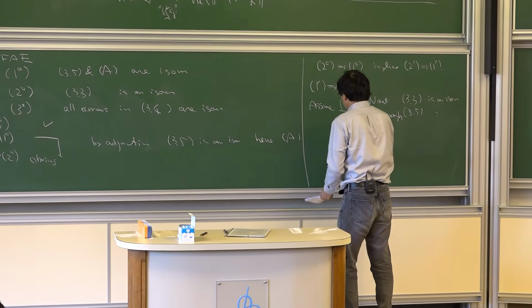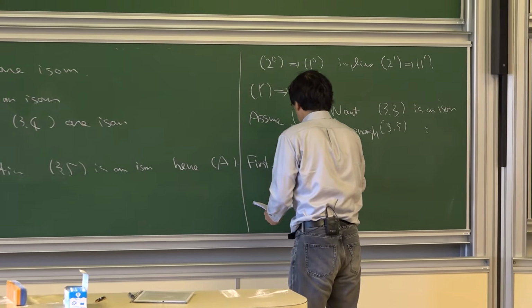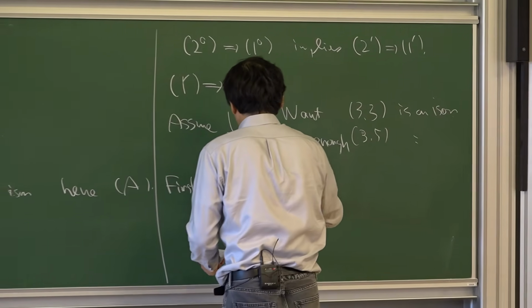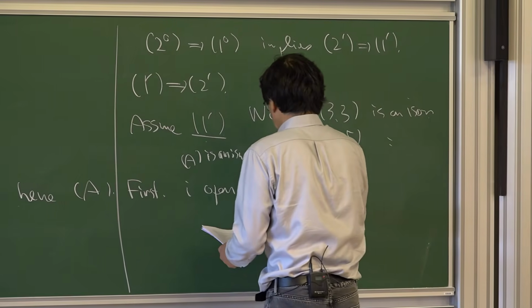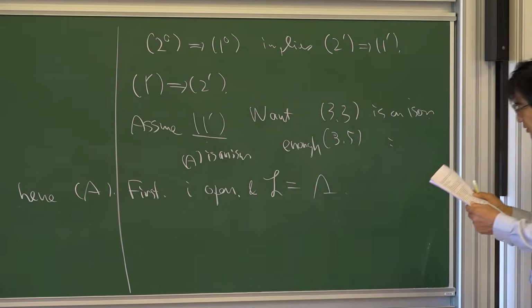Okay. So first we consider the case where I is an open immersion and L is a constant sheaf.